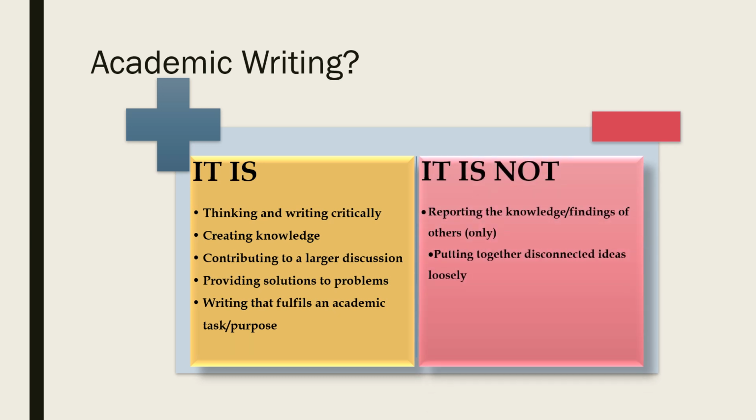Academic writing is not reporting the knowledge and findings of others or explaining the knowledge and findings of others only. While in some cases you may need to do so in order to support your ideas and arguments, you are required to write in your own way and present original ideas or add to the discourse on a specific topic and in your specific field.